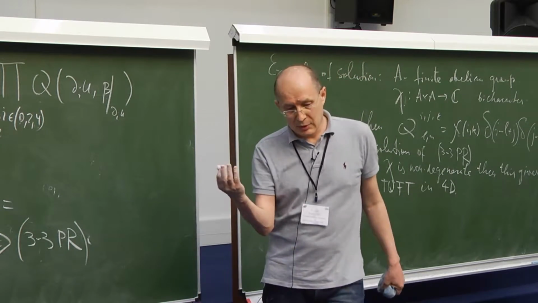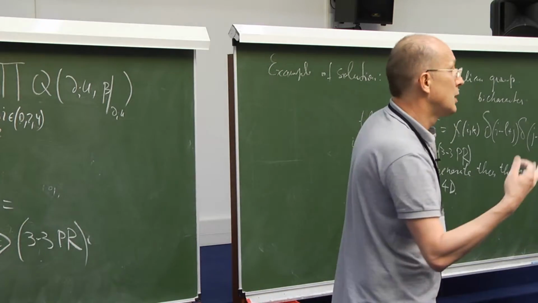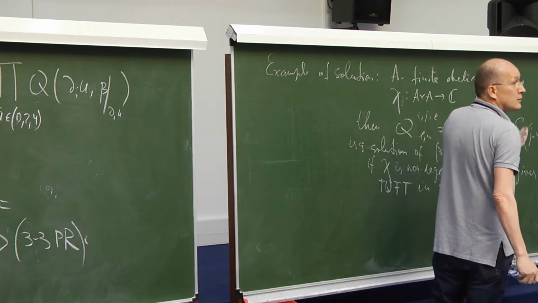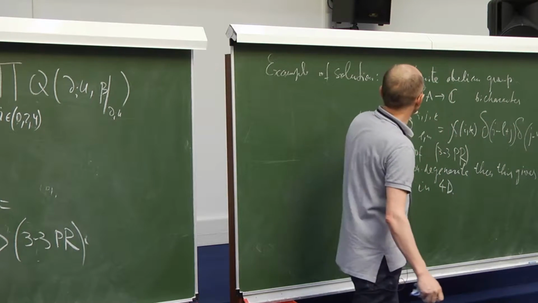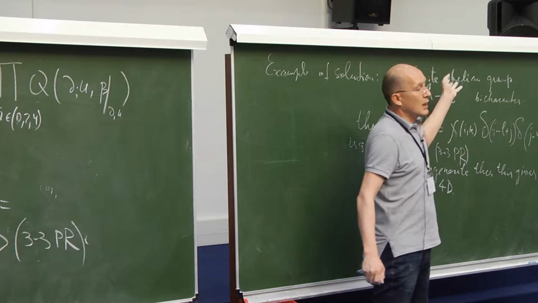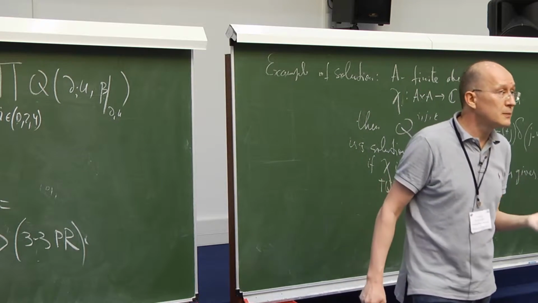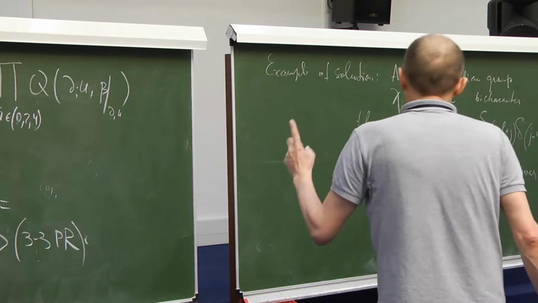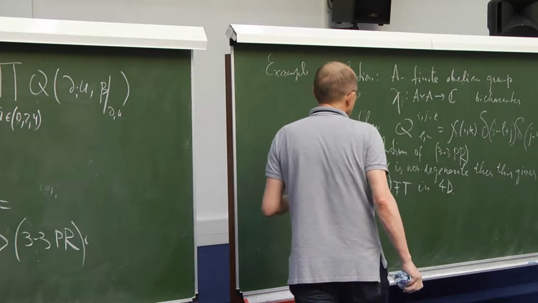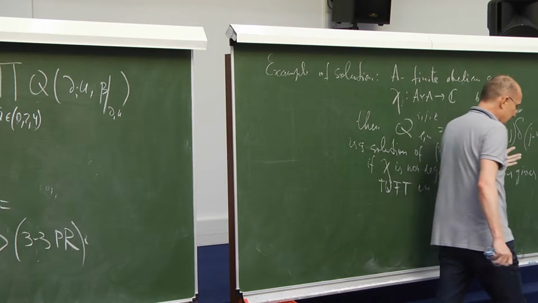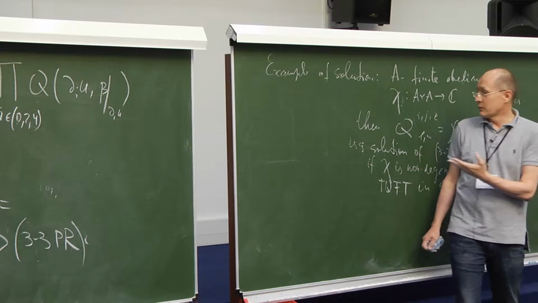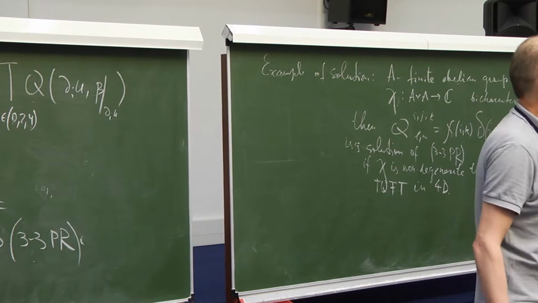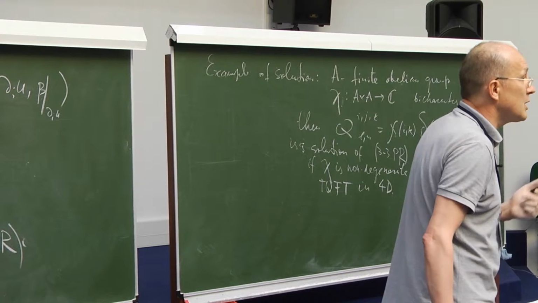A group corresponds to a particular case of Hopf algebra, which is co-commutative for any group. But since we have an abelian group, the underlying Hopf algebra is a finite bicommutative algebra, and I will show in a moment that we have a generalization of that class of solutions to any finite bicommutative Hopf algebra.